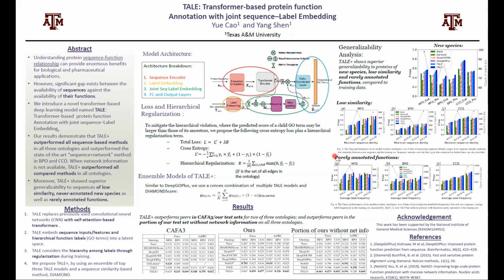And finally, on the rarely annotated functions, we also split the test set into 4 bins based on the average label frequency. As you can see here, on the low label frequency region against the training set, TAIL and TAIL Plus reach the best performance in most of the cases across 3 ontologies. And that's all. Thank you.